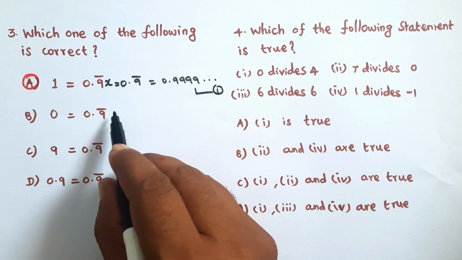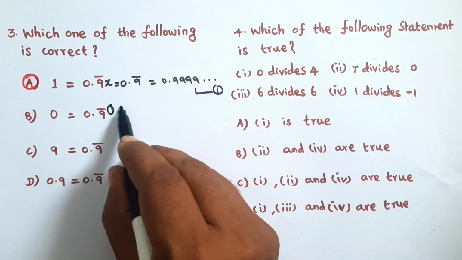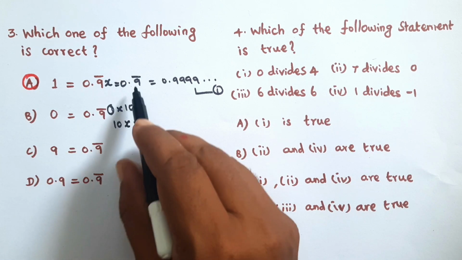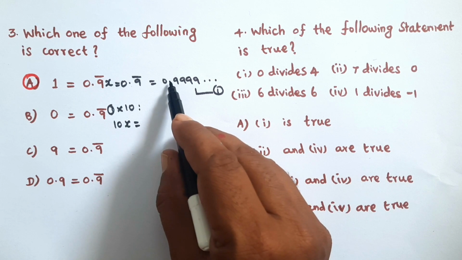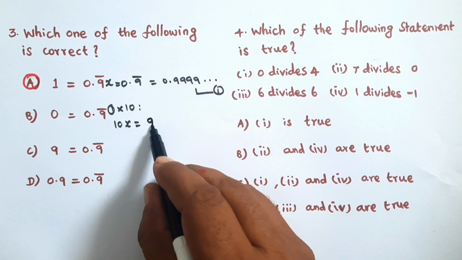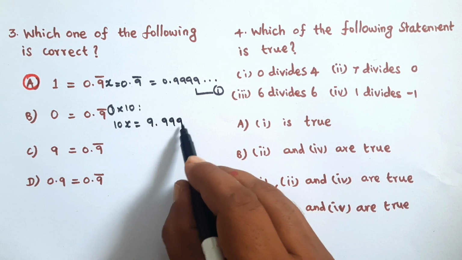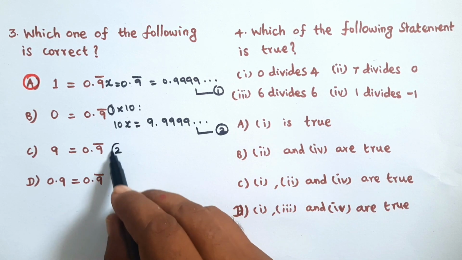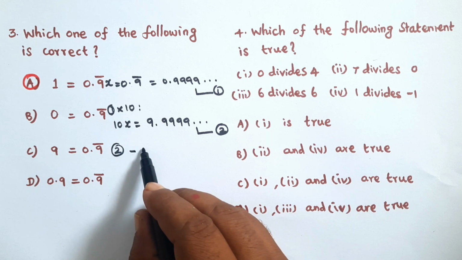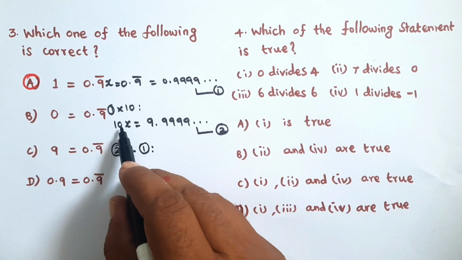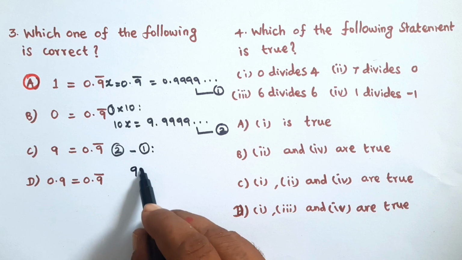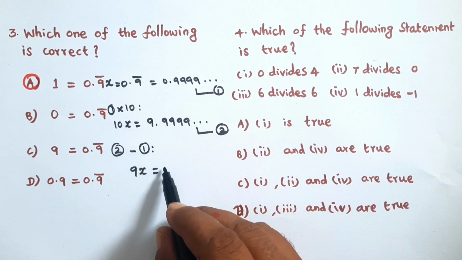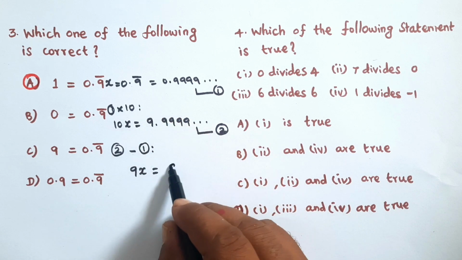First equation, multiply this first equation by 10, we get 10x is equal to, moving the decimal point one place, we get 9.9999 etc. This is the second equation. Second minus first equation, we get 10x minus x, which is 9x equal to, the decimal places are cancelled, so we get 9 minus 0, 9.